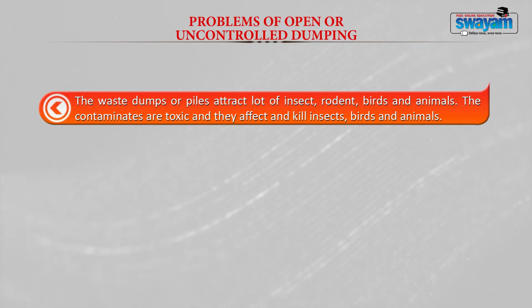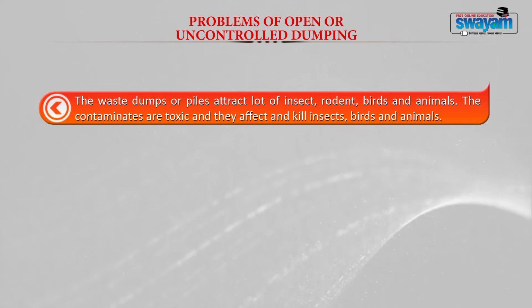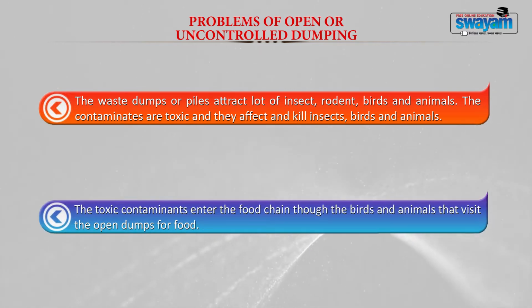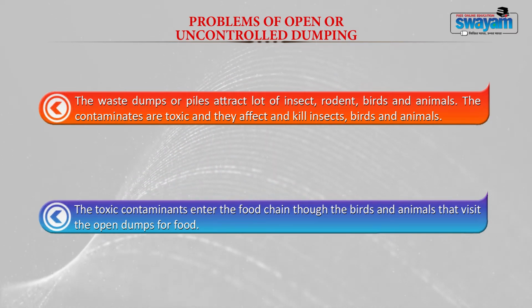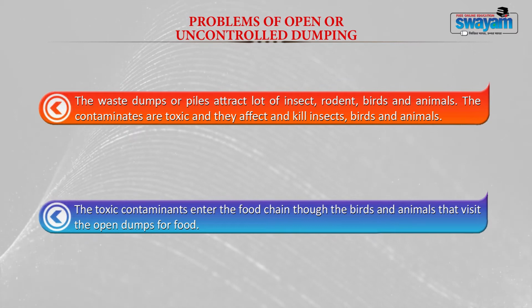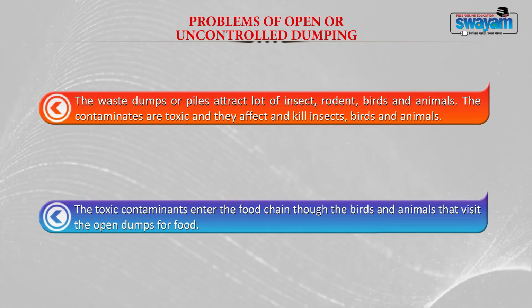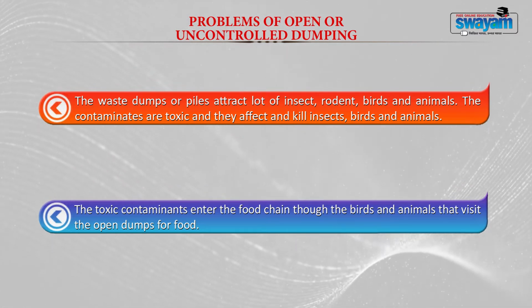When they take the food which is contaminated or present in the open dumps, these toxicants enter into the food chain through these birds and animals. One, the birds get affected, animals get affected, and finally it ends up in the upper or top level of the food chain where human beings are also affected.